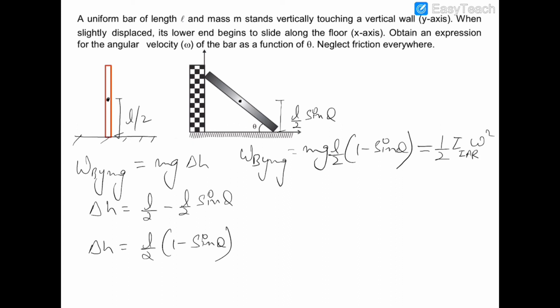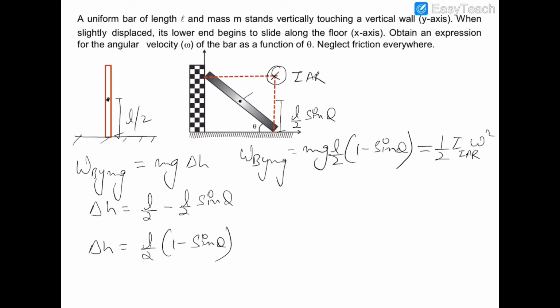But this moment of inertia is about the instantaneous axis of rotation, because we are considering only the rotational kinetic energy, and this rod is in the state of only rotational motion about IAR. So this is IAR and this rod is only rotating about IAR.